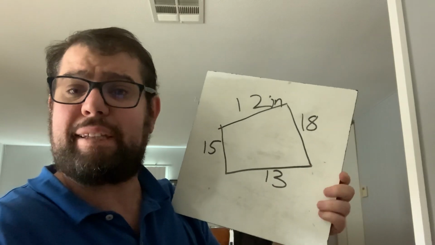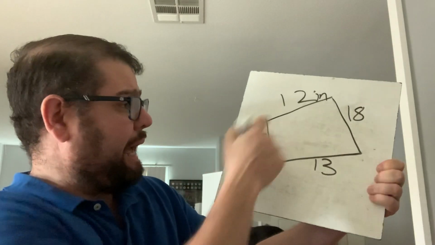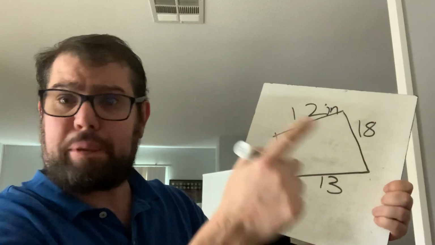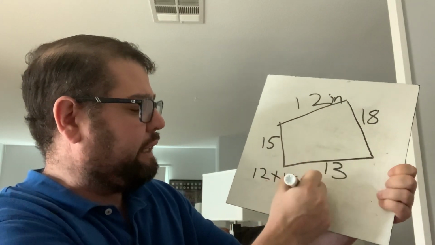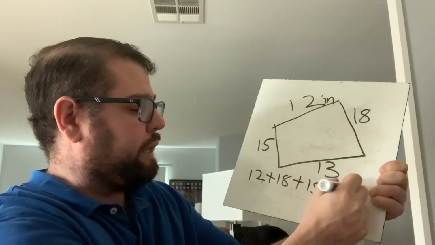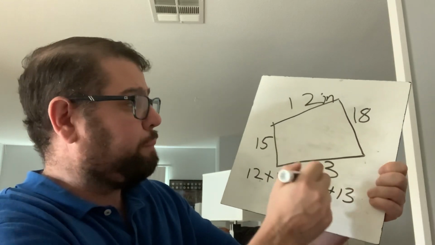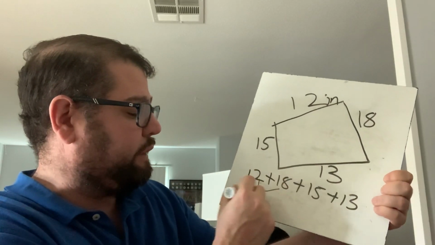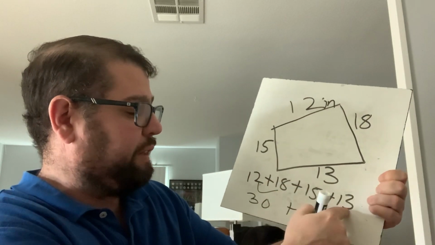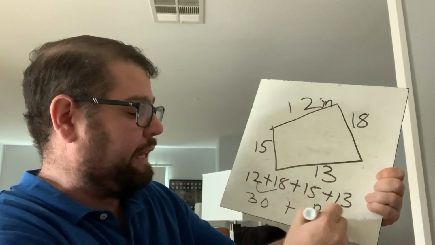So I have to add these together. I always like to start at the top and go to the right, but it doesn't really matter. I'm going to go 12 plus 18 plus 15 plus 13. You can put this all in your calculator if you want, but I'm going to do 12 plus 18 is 30. Plus 15 plus 13 is 28.